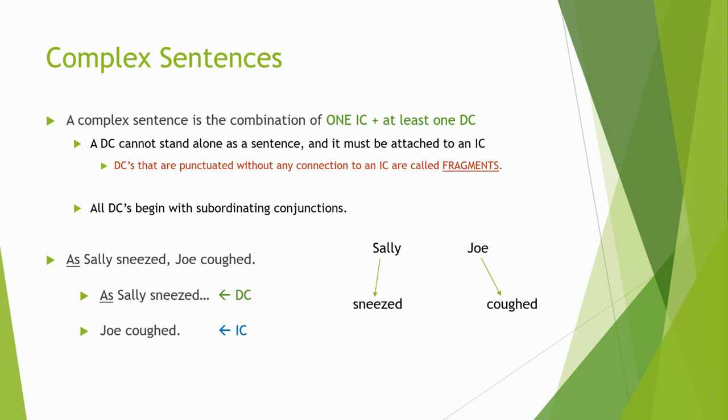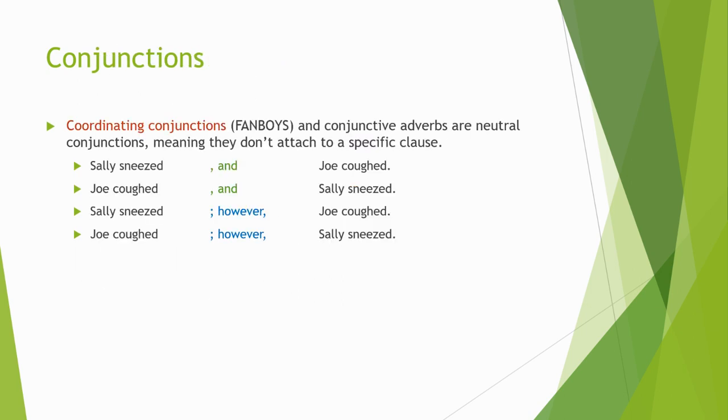Okay. Now, a note about conjunctions. Coordinating conjunctions. These are your fanboys. When we say coordinating conjunctions, we're talking about for, and, nor, but, or, yet, so. All right? Those 7 specifically. Coordinating conjunctions and conjunctive adverbs are neutral. This means they don't attach to a specific clause.